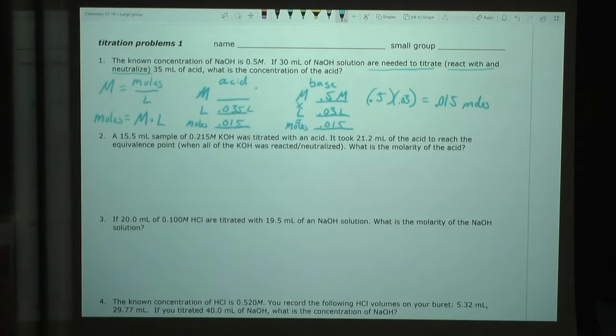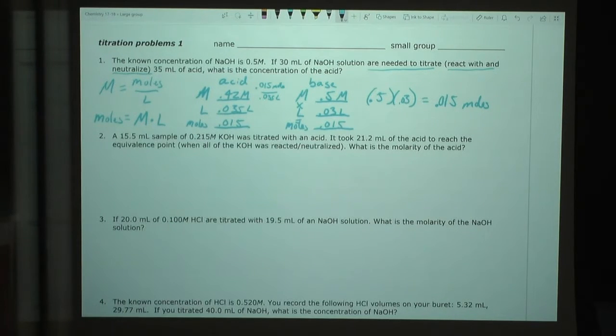I take 0.015 mole over my 0.035 liters, and my molarity, according to the calculation, is 0.42. Sig figs: it needs to be one sig fig, but 0.42.